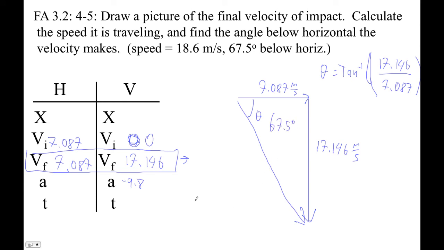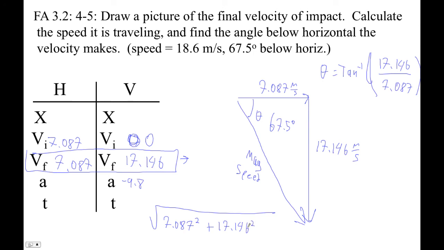Right, and then the magnitude here, this thing is the magnitude, right? It's also the speed. It's also the hypotenuse, right? So we'll find that speed by going square root of 7.087 squared plus 17.146 squared. So here we go.